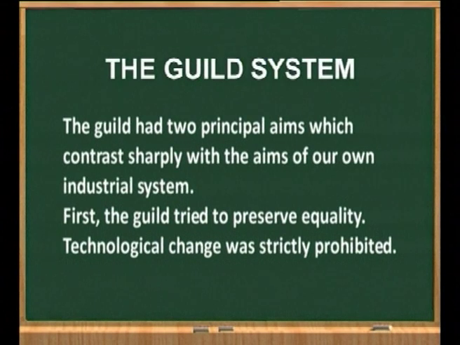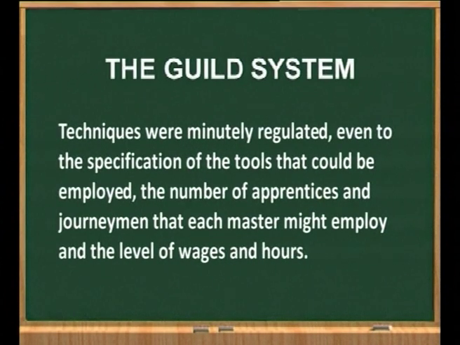The guild had two principal aims which contrast sharply with the aims of our own industrial system. First, the guild tried to preserve equality. Technological change was strictly prohibited. Techniques were minutely regulated, even to the specification of the tools that could be employed, the number of apprentices and journeymen that each master might employ, and the level of wages and hours.